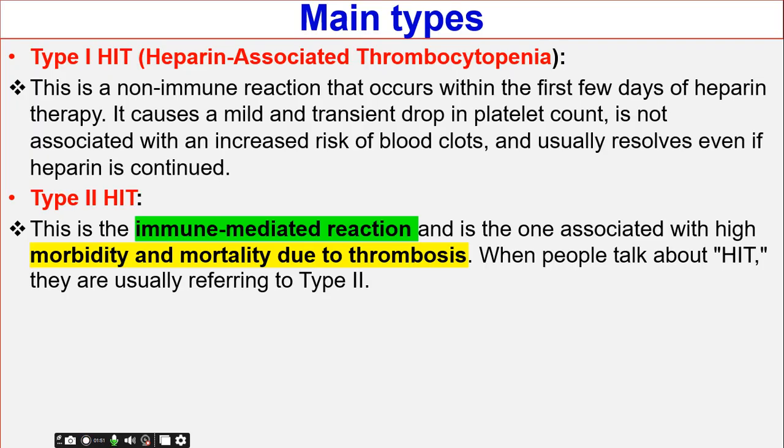In type 2 heparin-induced thrombocytopenia, there is an immune-mediated reaction between the heparin and a protein called platelet factor 4 that covers the platelet.